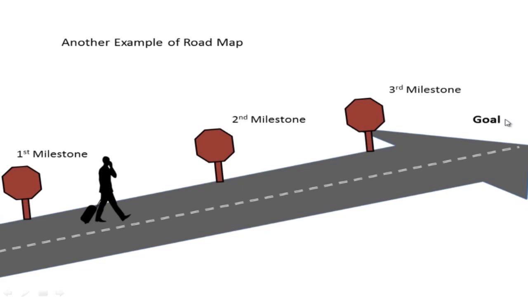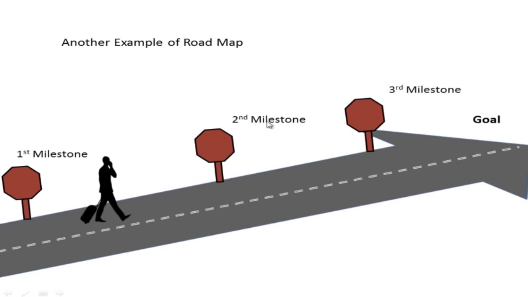You can add more explanation in this diagram. For example, where I have written first milestone, you can write the timing, for example 2010, and describe what you have already achieved, what the market results were, or what strategy you followed. You can write a small description here, and similarly a second and third description.